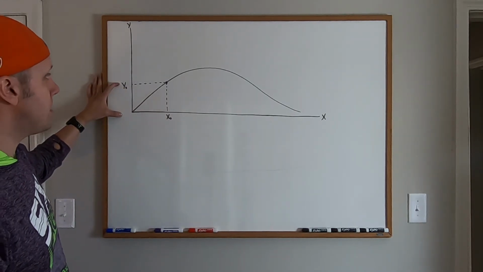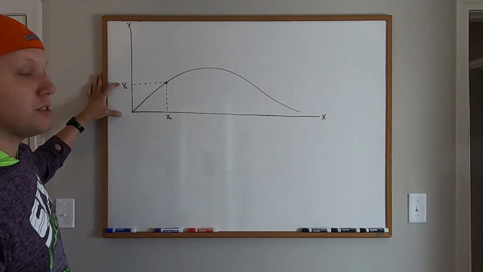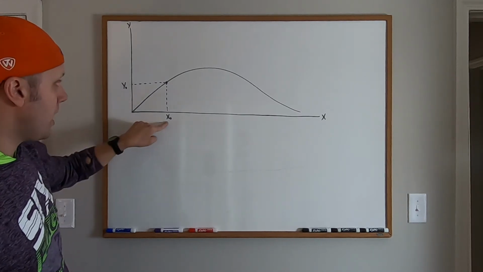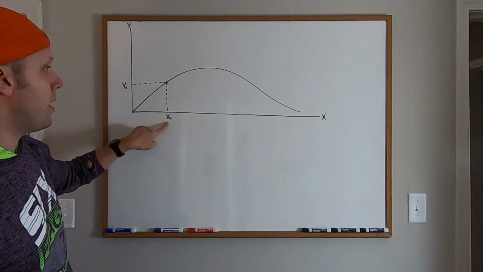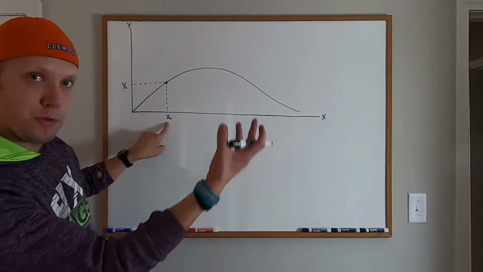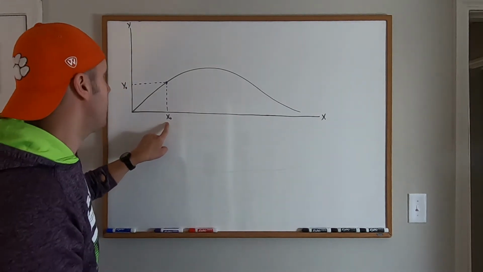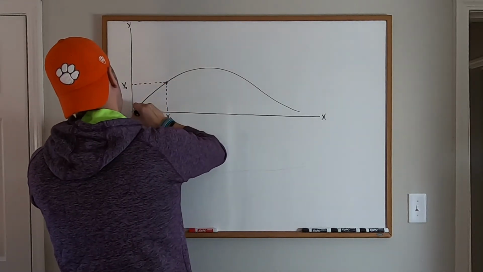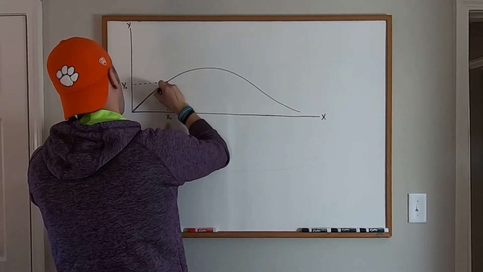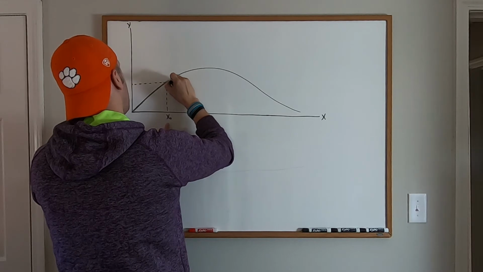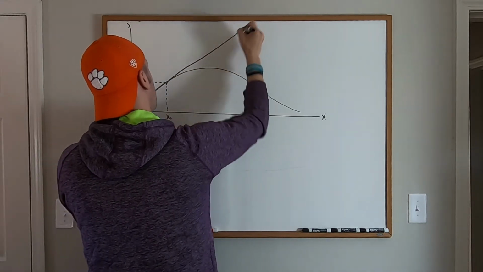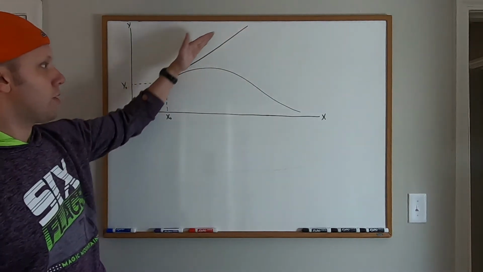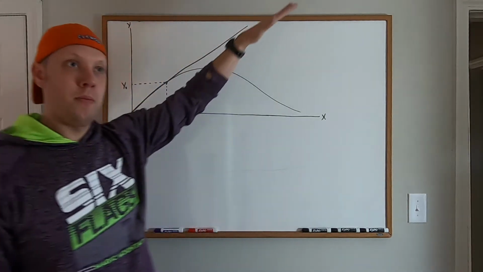So at this distance from where we teed off, the height is going to be y0. But now let's assume for a second that gravity just ceased to exist right here. What would happen to that ball? Well, if there was no gravity, there was no force pulling that ball back down to Earth. All right, we teed off, it's following a curve, and then boom, it would just continue to go in a straight line forever and ever and ever.